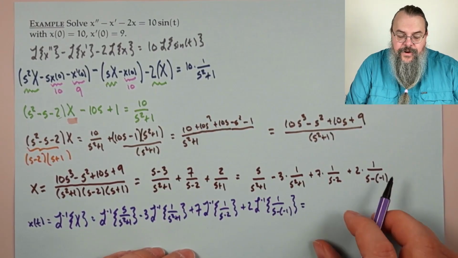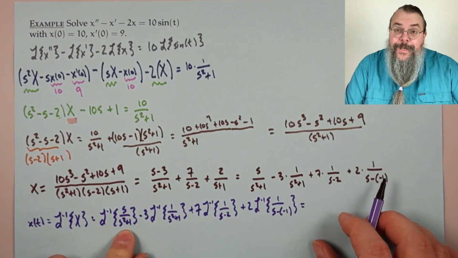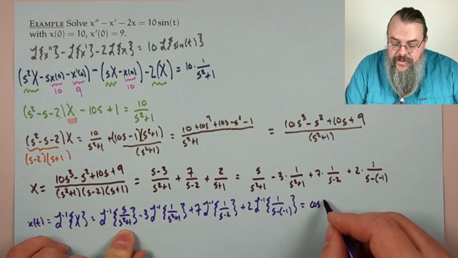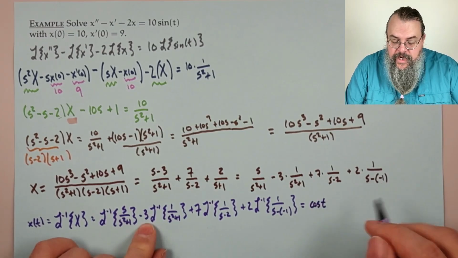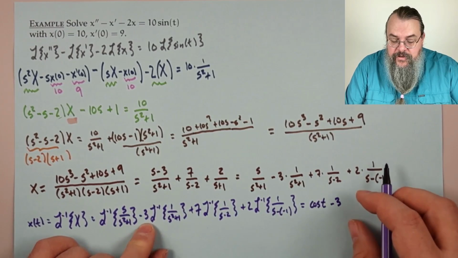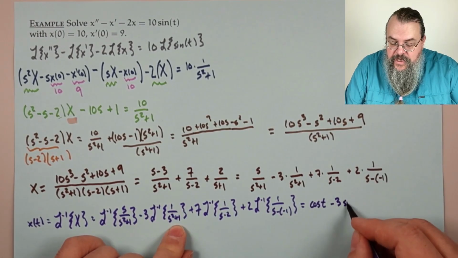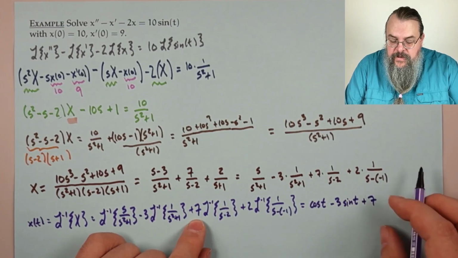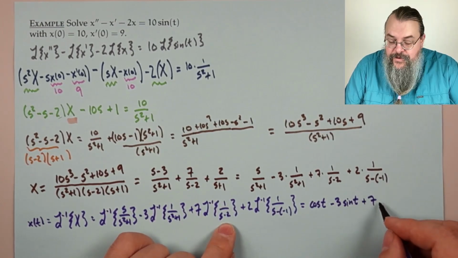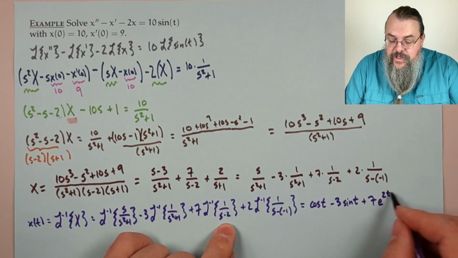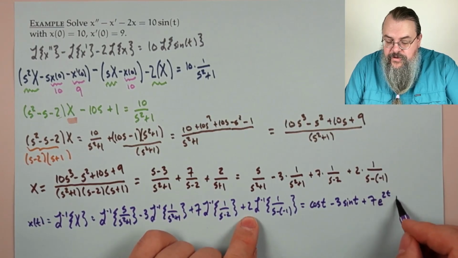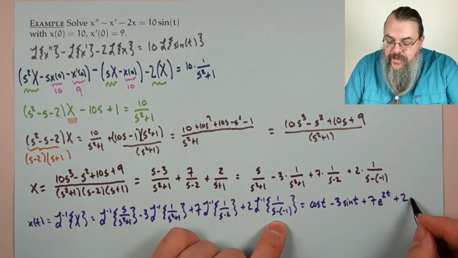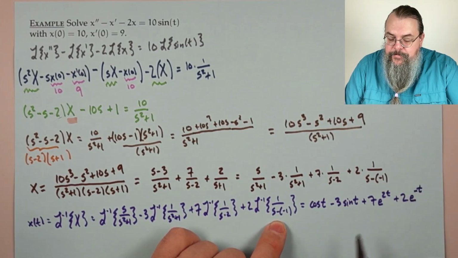Term by term: the inverse Laplace of s over (s squared plus 1) is cosine t, minus 3 times the inverse Laplace of 1 over (s squared plus 1), which is sine t, plus 7 times the inverse Laplace of 1 over (s minus 2), which is e to the 2t, plus 2 times the inverse Laplace of 1 over (s minus minus 1), that's e to the minus t.